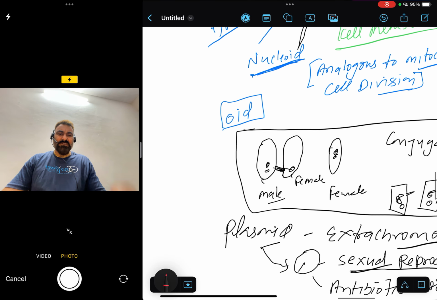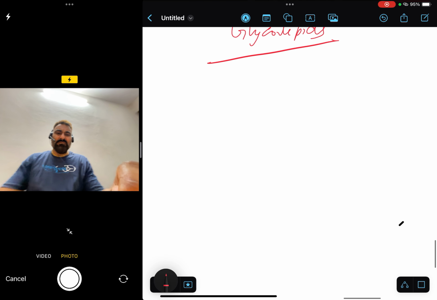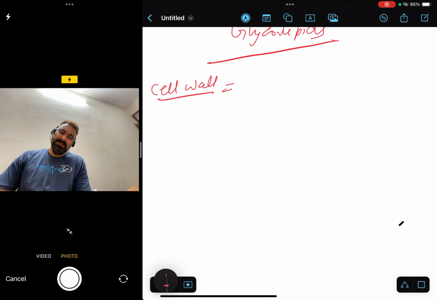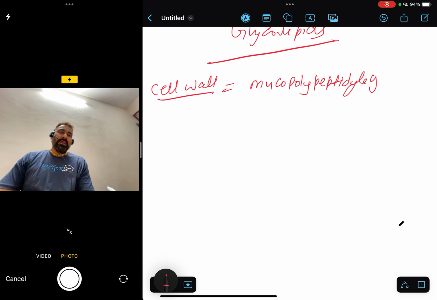First of all, we will discuss the cell wall. A prokaryotic or bacterial cell contains a cell wall which is made up of mucopolysaccharide, or peptidoglycan.